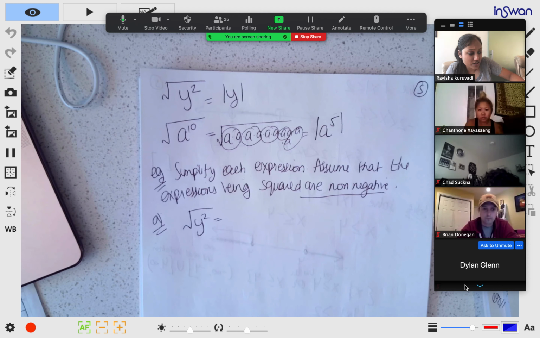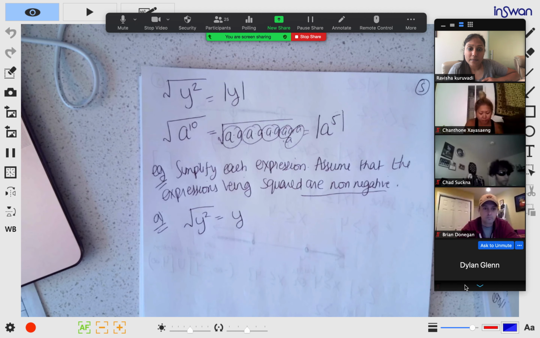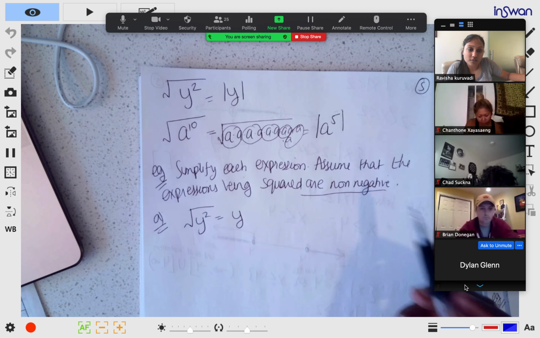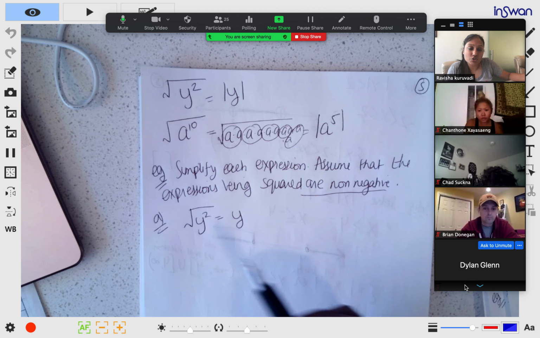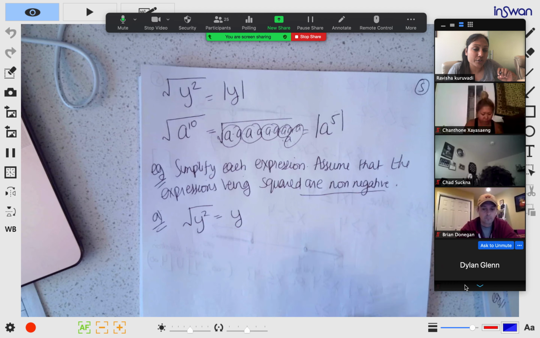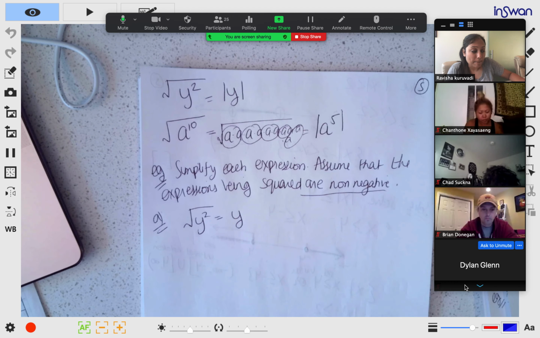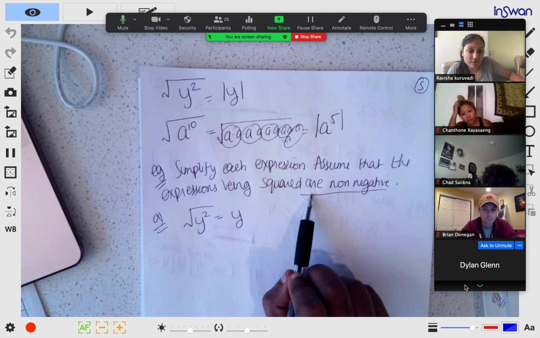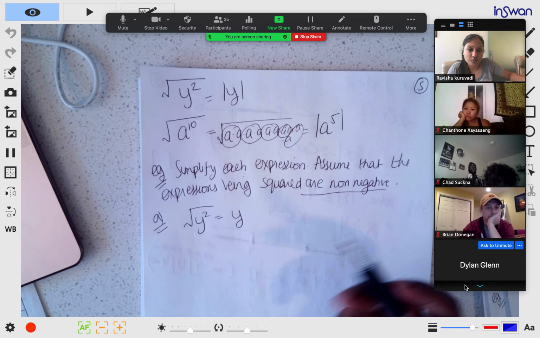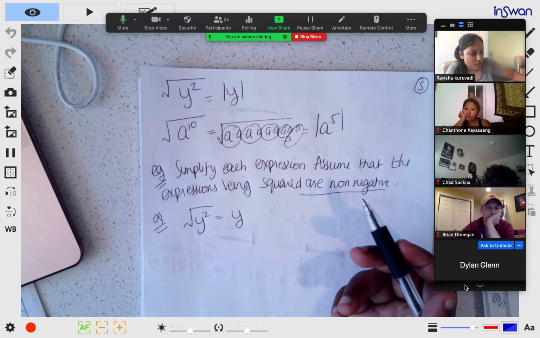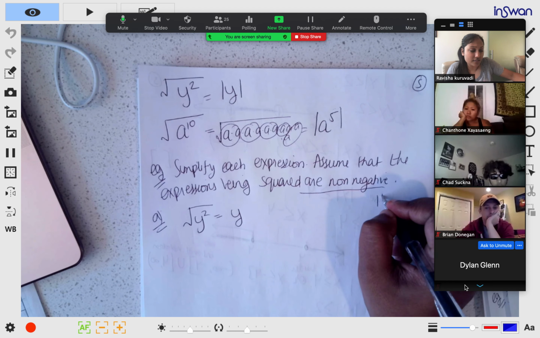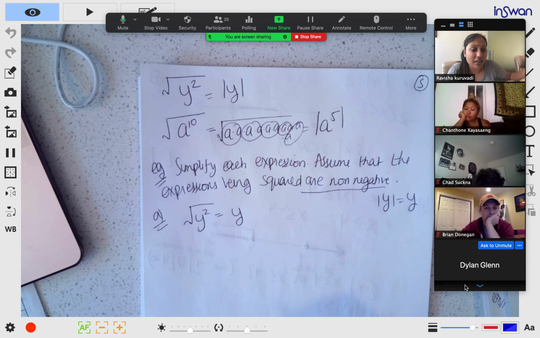My solution is y. In this case, I don't need to put absolute value because they are talking about positive values itself. So y is my only solution. If they're talking about all real numbers or negative numbers, then you have to put an absolute sign. But if they're talking about non-negative numbers, you don't need absolute value, because if you write it like this or like this, it's the same thing.